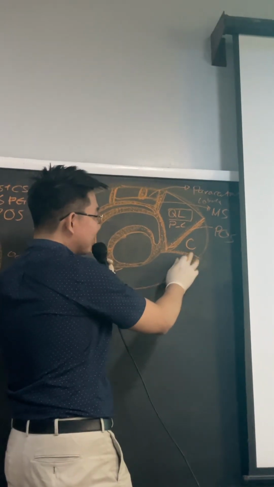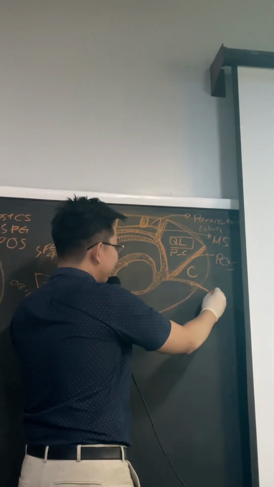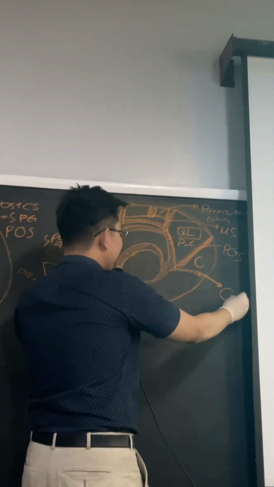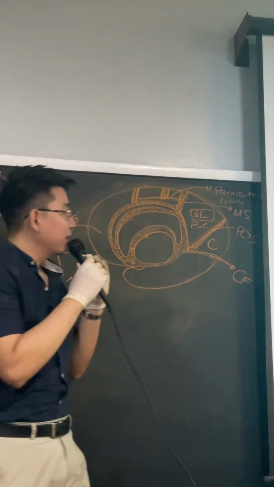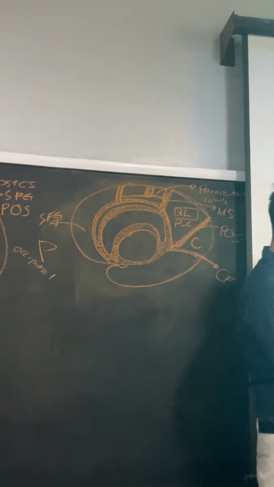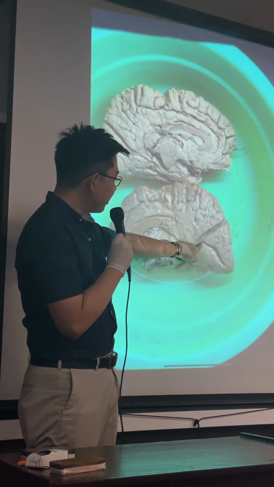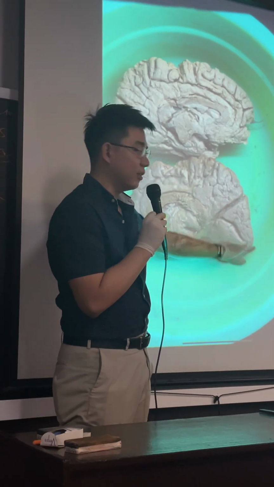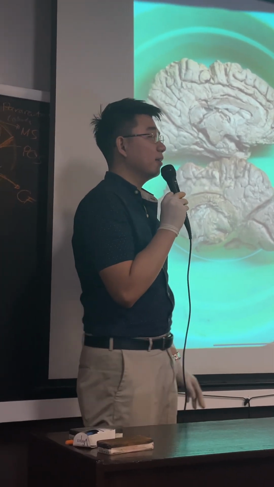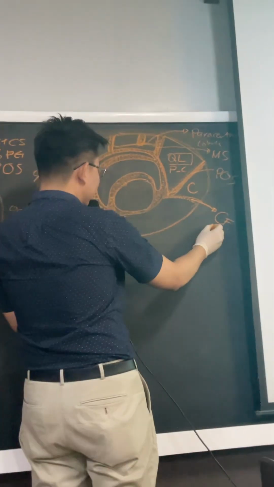So just after the cuneus is another fissure, and this is called the calcarine fissure. If you can see it here, this one is the parieto-occipital sulcus, this one is the cuneus, and this one is the calcarine fissure. You see it? That's the calcarine fissure.